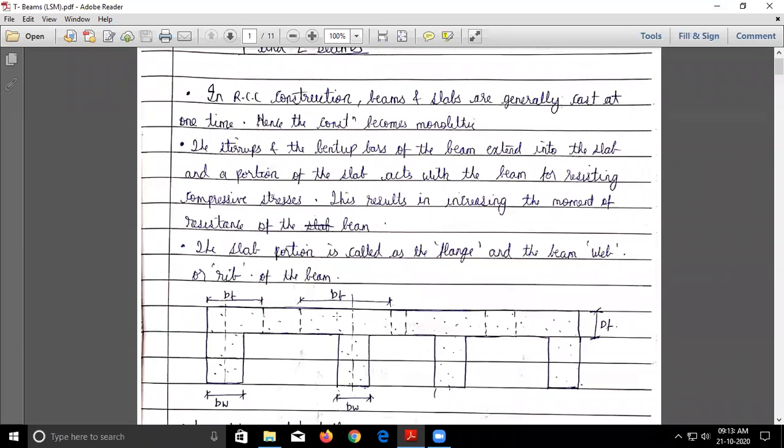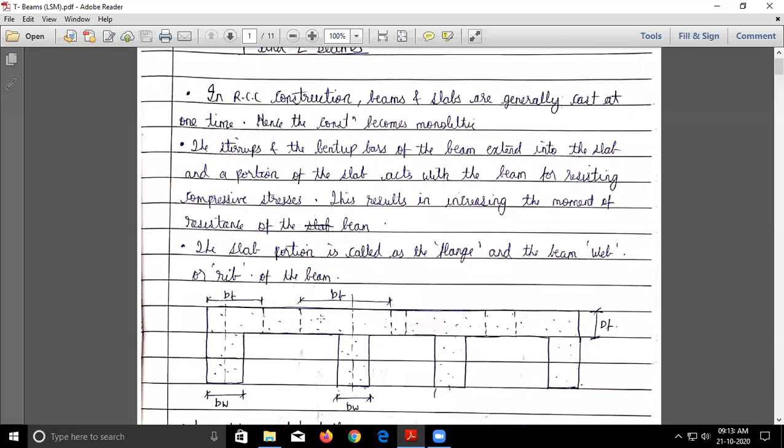But while taking the loads, the behavior is not going to be such that only this beam will bend due to the loading. There will also be a wall above it. So it will not be that only this portion bends; along with it, this slab portion will also bend. Am I correct? So together we are considering this whole as a beam.